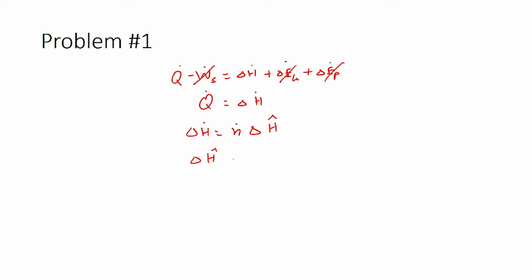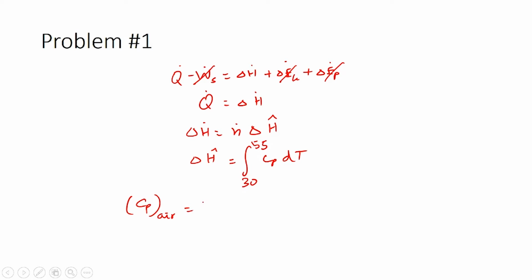So, delta H cap is equal to the integral of Cp dT, and temperature here increases from 30 degrees Celsius to 55 degrees Celsius. We can look up the tables or any handbook to get the Cp of air.